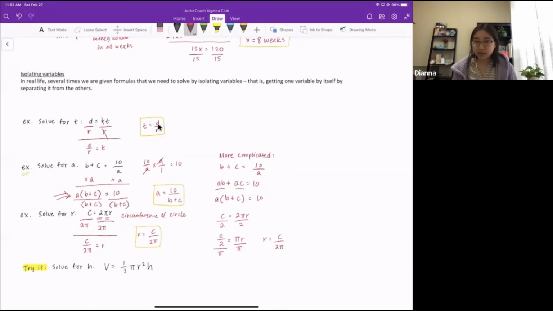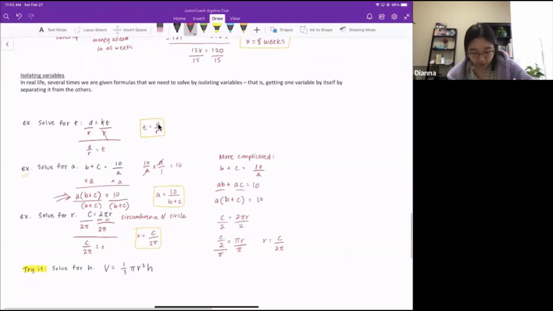It's harder to follow than if I just did both steps individually. But if you're multiplying and dividing by 2 things at the same time, then I don't care. You can combine the 2 things in the denominator like this. I don't mind. It's kind of confusing, but you can combine these. You don't need to do divide by 2, divide by pi. Not necessary.